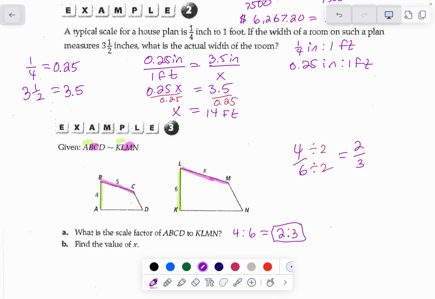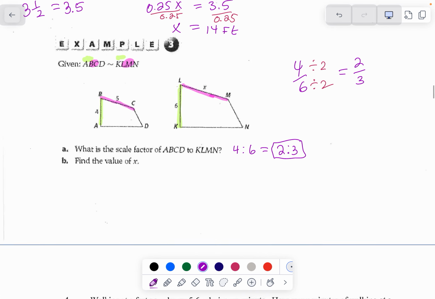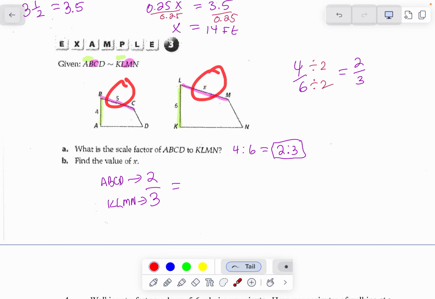Now it says find the value of x. So we know little to big. This is our little one, A, B, C, D, and this is K, L, M, N. The scale is 2 to 3. So now just go from little to big to set up the right side.